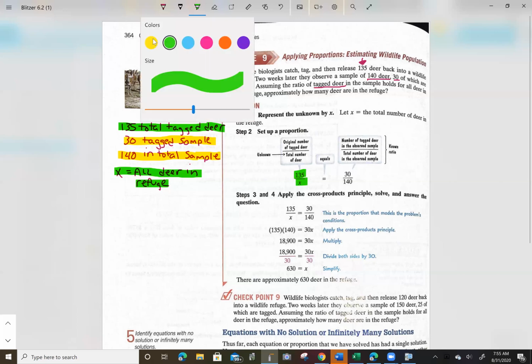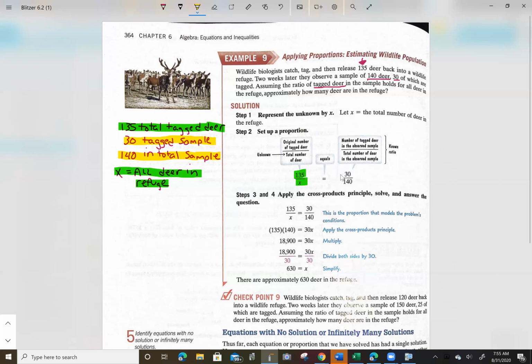And then they set it equal to the total tagged in the sample, and the total number in the sample. Okay, so the sample, the yellow is together, and the totals are together in green. Okay, and then they just cross multiply and solve. And they get that X is equal to 630.